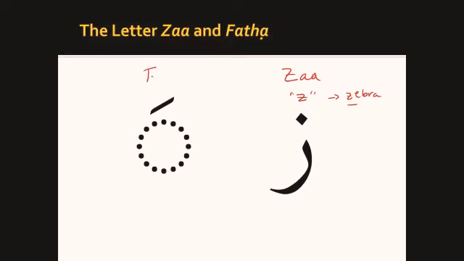Now the fatha, the fatha is like the vowel A in English. So, for example, it's the A sound. For example, we have bat.